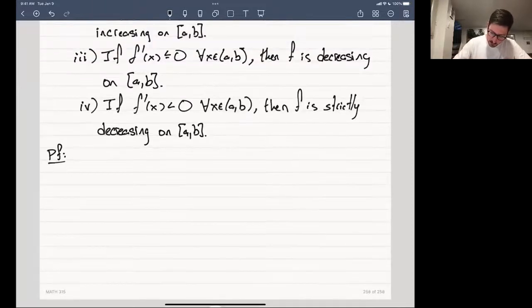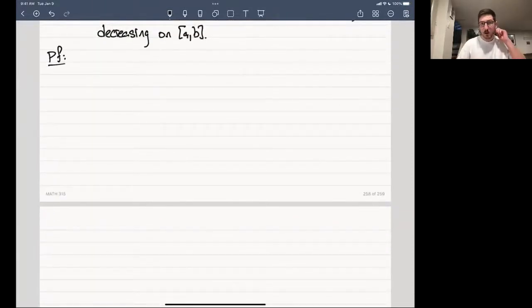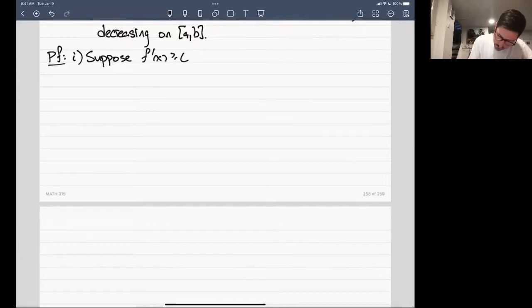I promised you this was going to be a consequence of the mean value theorem. So let me show you how it works. I'm only going to prove part one here because everything else is identical. Okay, so after you prove one, they're all exactly the same. Let's just do one. So suppose f prime of x is greater than or equal to 0 for all x in (a, b), open.